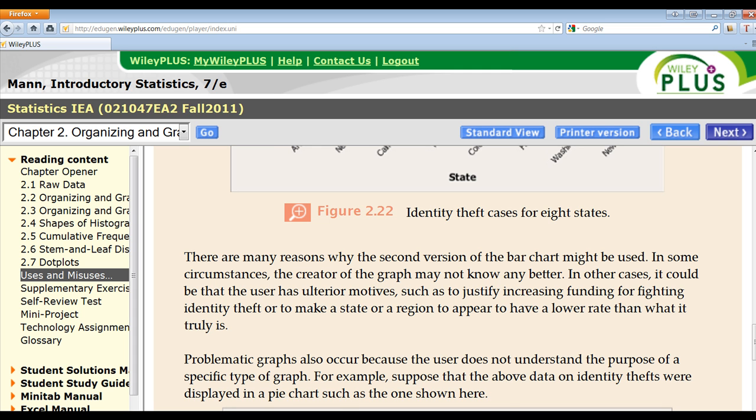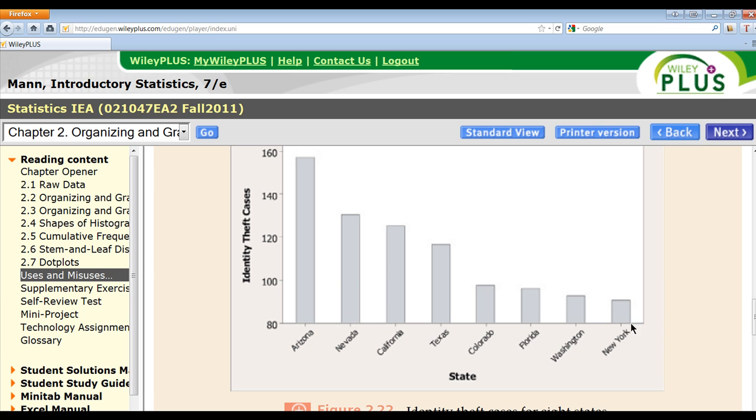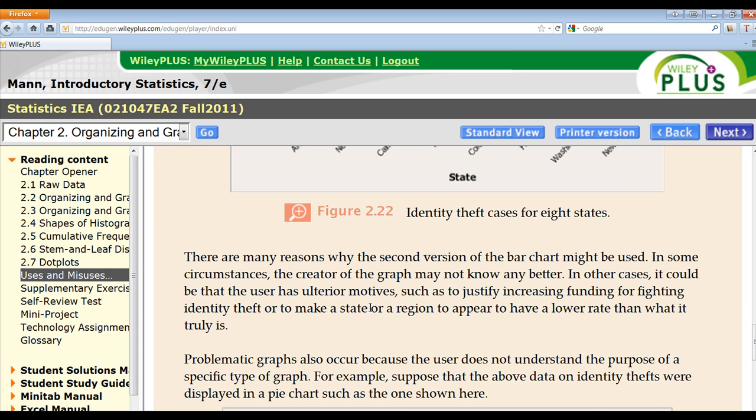So here, you might be misled into thinking that New York has a very low identity theft rate, like only 1/7 of Arizona. So then you don't have to fight it as much.